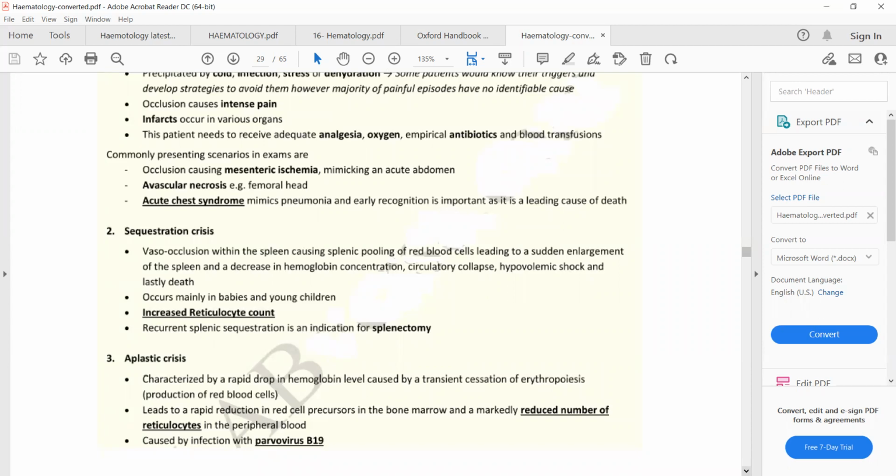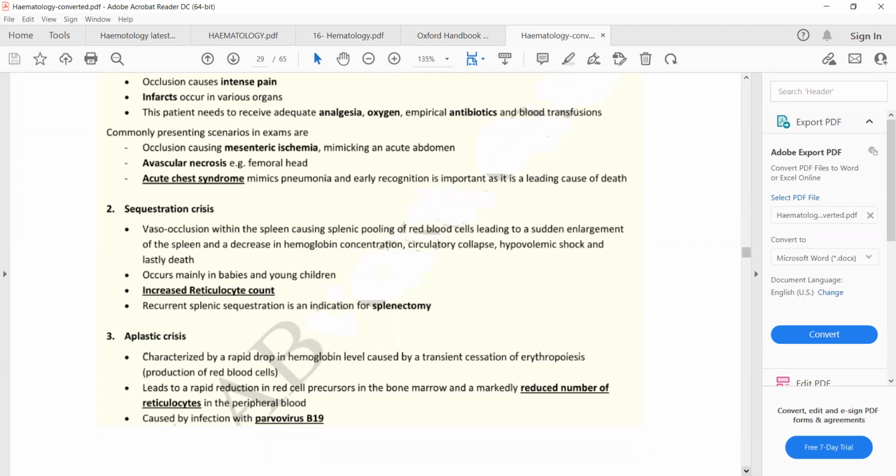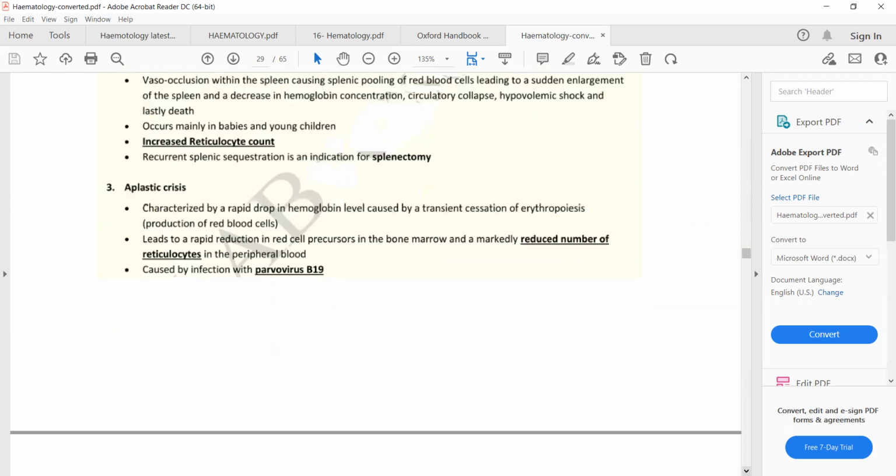The differentiating point is that in sequestration crisis, because there is no problem with the bone marrow, the reticulocyte count will be increased. But in aplastic crisis, there is a problem with the bone marrow, so the reticulocyte count will be decreased. Is this point clear, everyone?